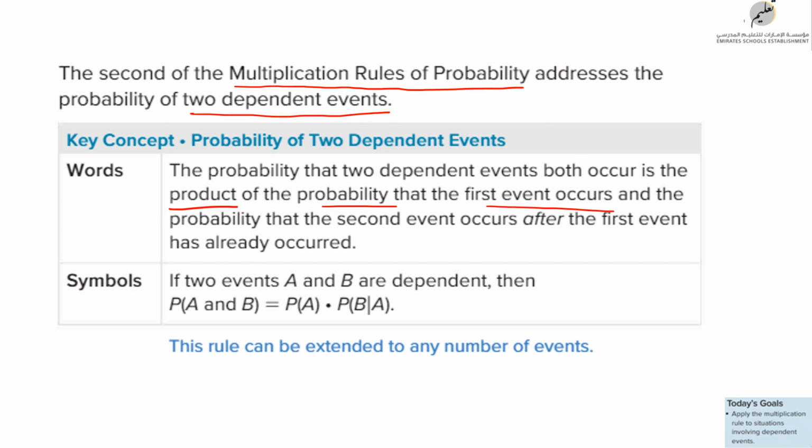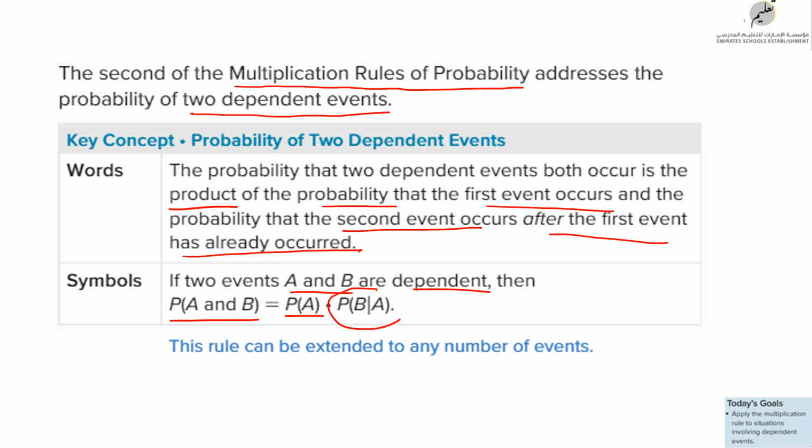That is, if we have two events A and B, and I know that the events are dependent, the outcome of one affects the other, and I want to find the probability of A and B, then that is equal to the probability of the first event multiplied by the probability of the second event. And there is a condition. What is the condition? That the first event has already occurred.